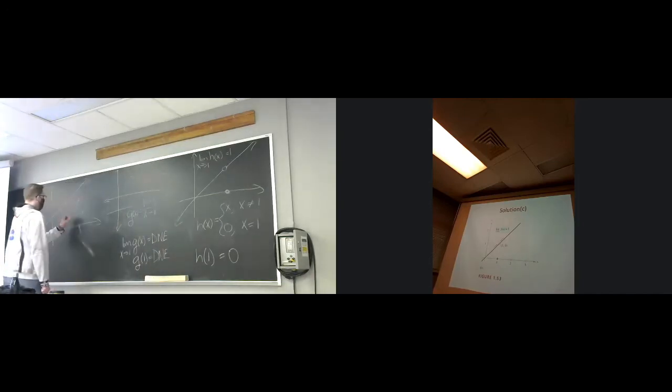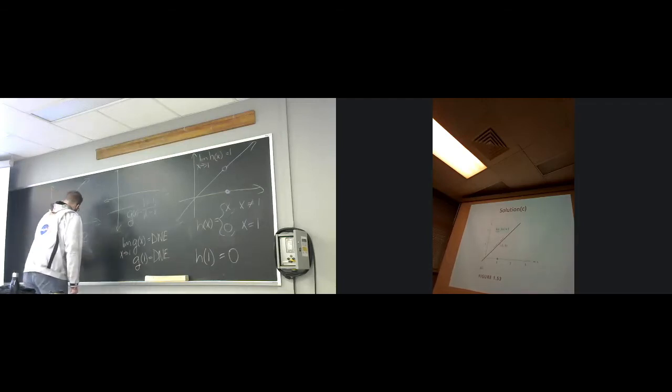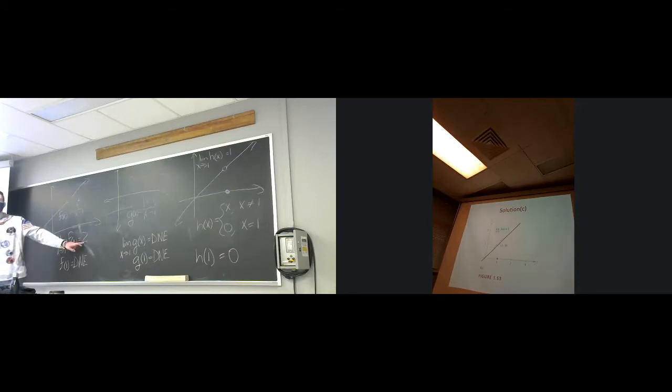In this case, as x approaches 1, our limit comes out to be 2, but our function evaluated at 1 does not exist.